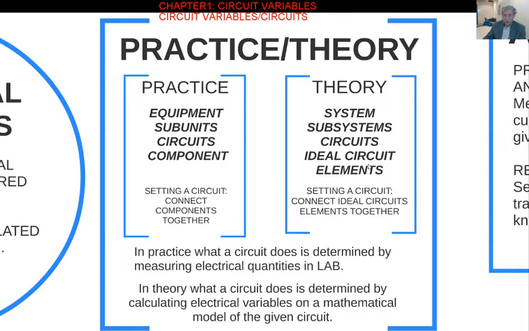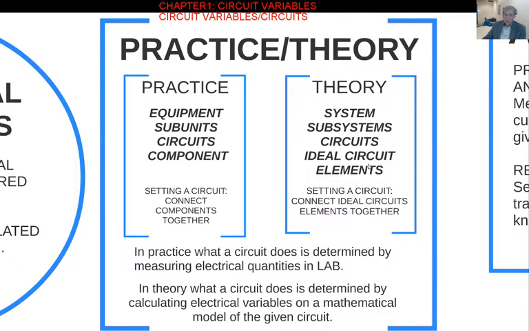Because the mathematical relation for the elements should be as simple as possible at the beginning. When we put those elements together, representing those circuits in mathematics would be simpler. Therefore, we are introducing ideal circuit elements in theory.